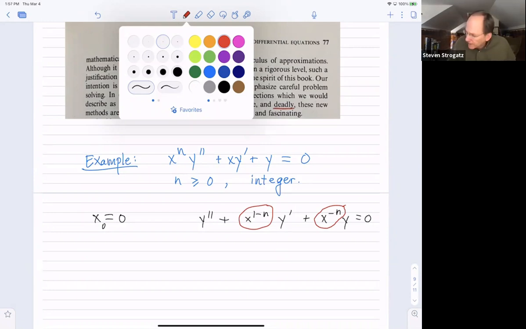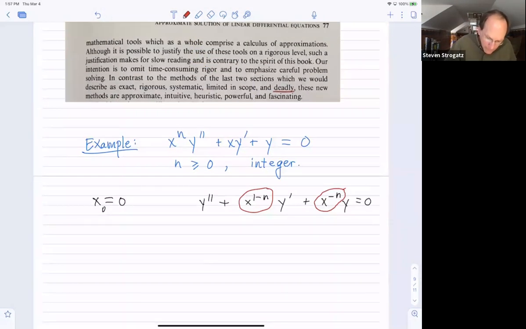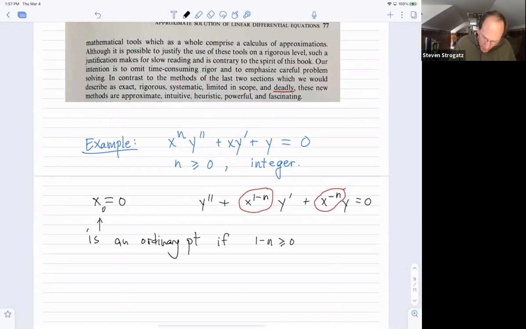So I'm going to get an ordinary point if, so what do I need? 1 minus n should be greater than or equal to 0, that exponent. And I also need minus n to be greater than or equal to 0.